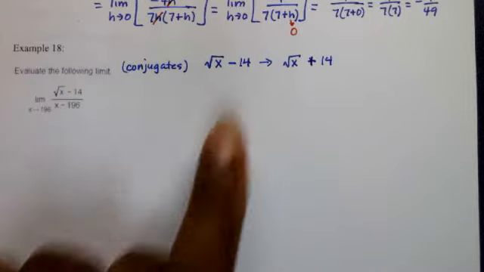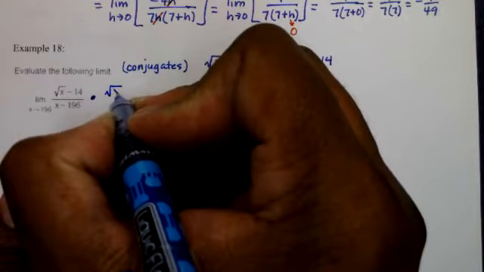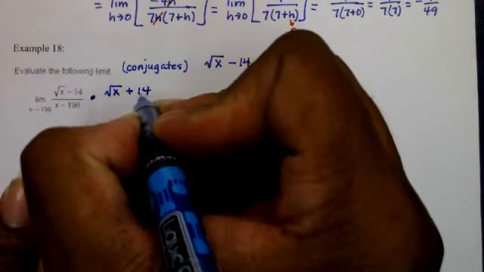So what I'm going to do here is multiply the numerator and the denominator by that conjugate.